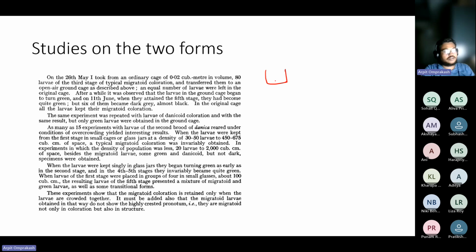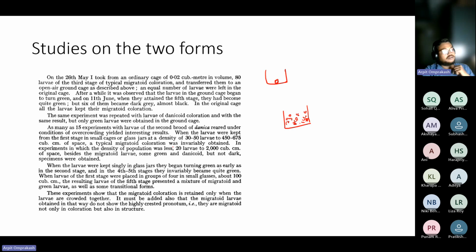In one there was just one solitary larva, in others there were many larvae. For example, the larvae were kept from the first stage in small cases at a density of 30 to 50 larvae to 460 to 600 cubic centimeters of space.